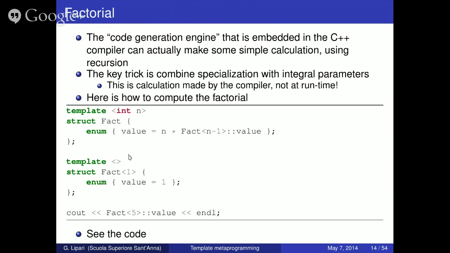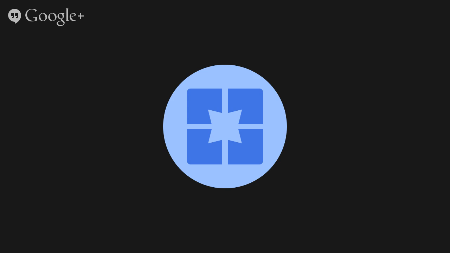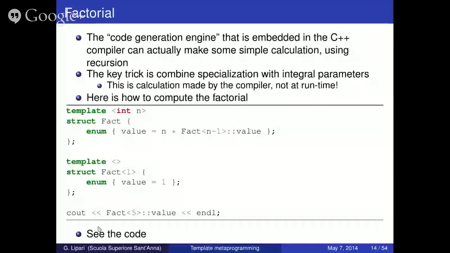Then I define a special case. We'll try to compute this. So we'll try to resolve this. The compiler puts 5 here, and it sees that for computing this value it needs the factorial of 4.